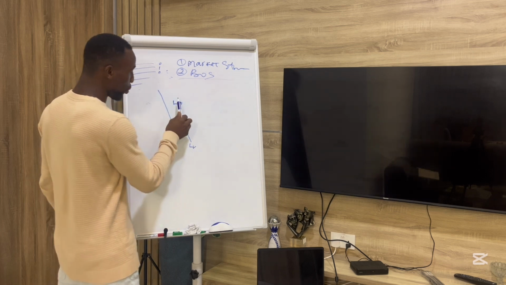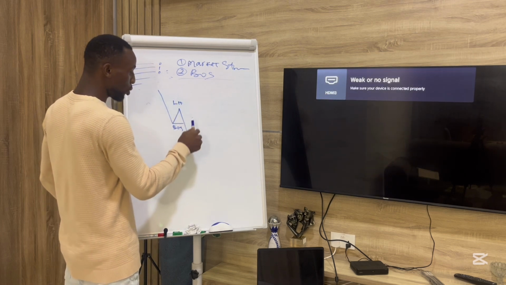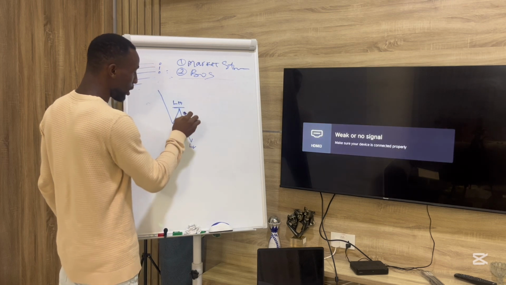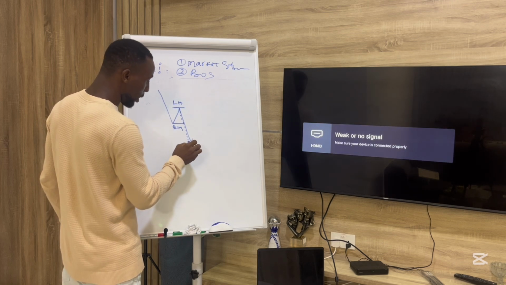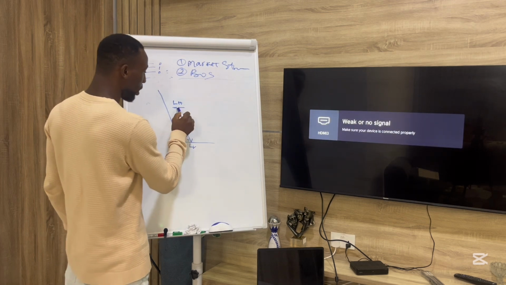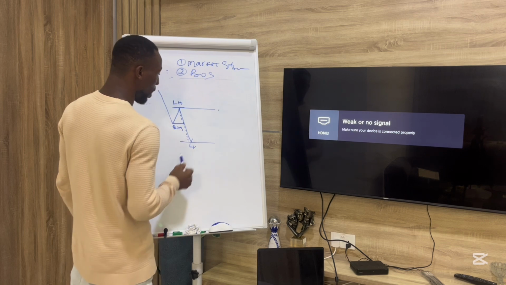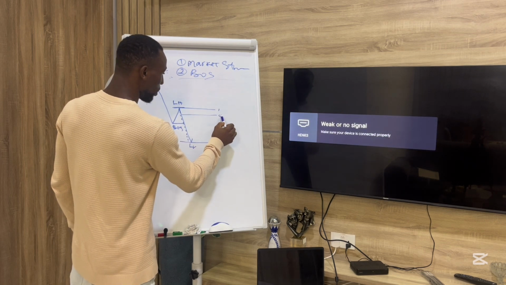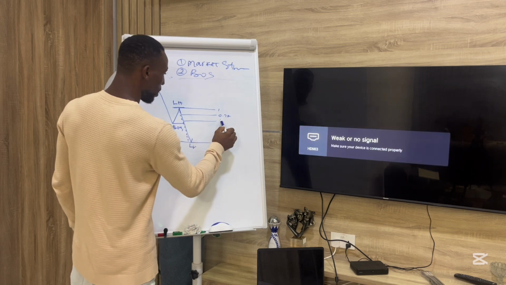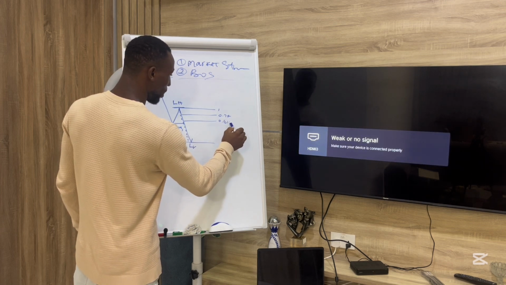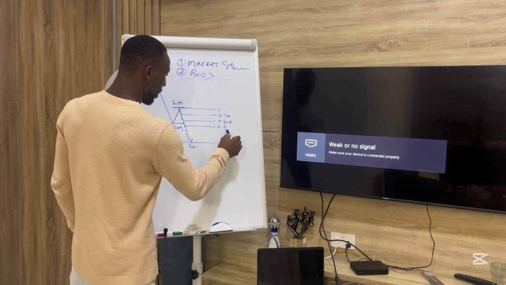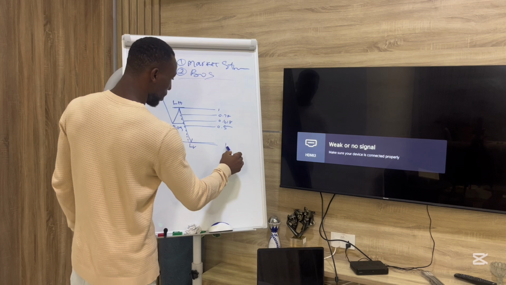So now that you have found your lower low, all you need to do is take your Fibonacci, place your Fibonacci here, drag it all the way down to your lower low, and you should see your Fibonacci having the 1, 0.78, 0.618, 0.5, and then the 0.